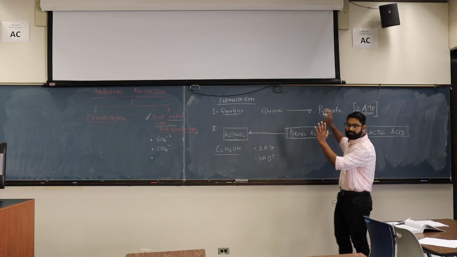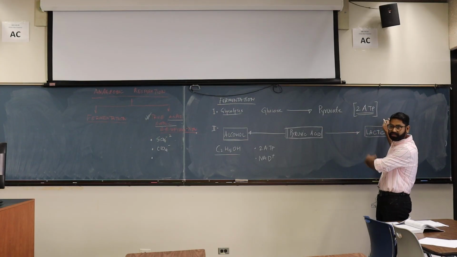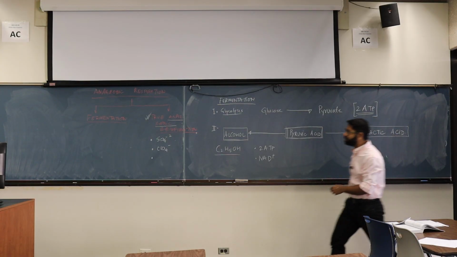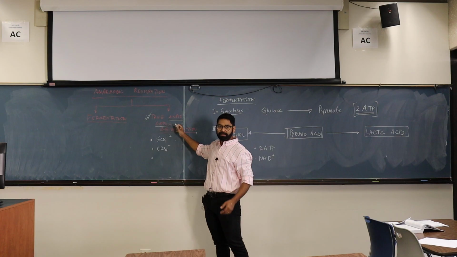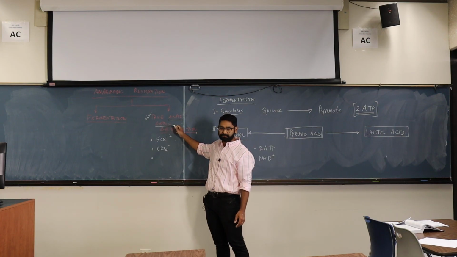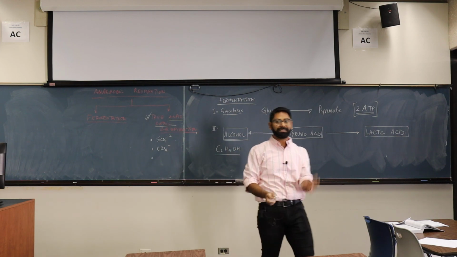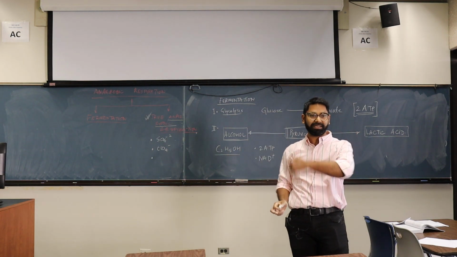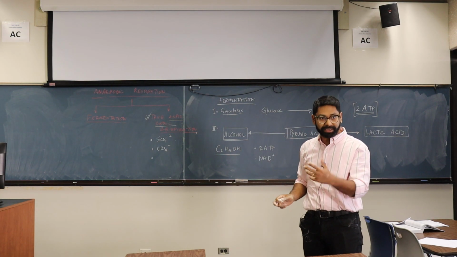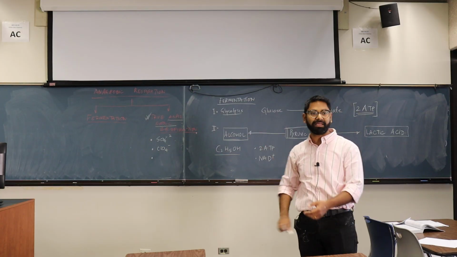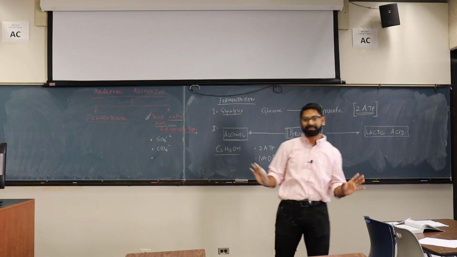So all those protein complexes that we saw here, everything remains the same in the true anaerobic respiration, except the fact that oxygen is the terminal electron acceptor in the aerobic respiration, and in here you will have something else. That's the difference.